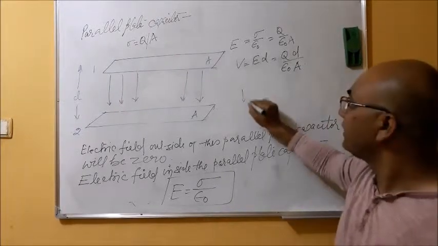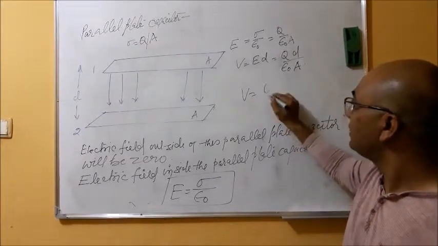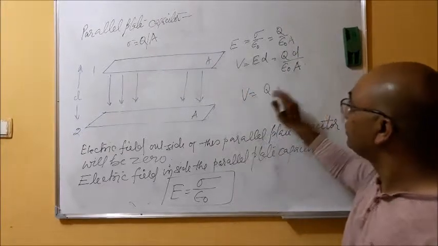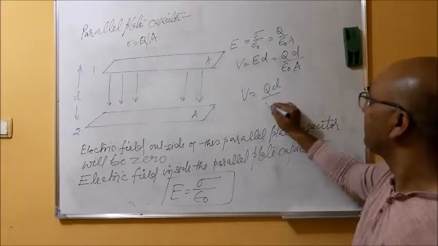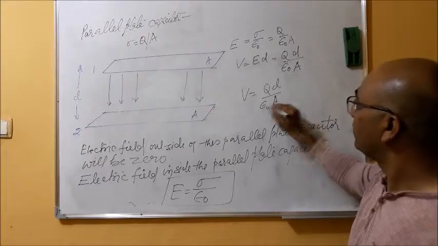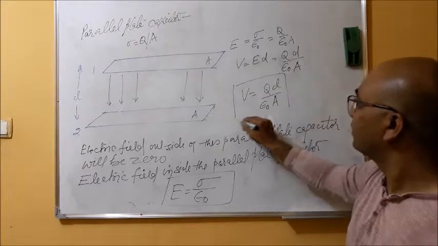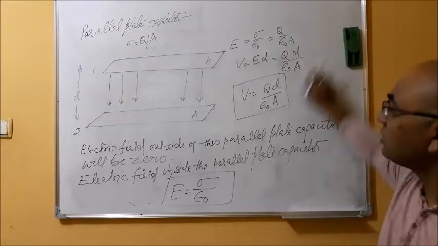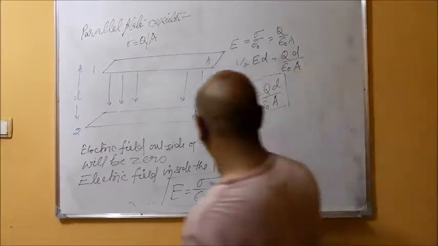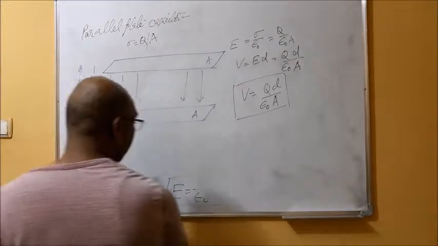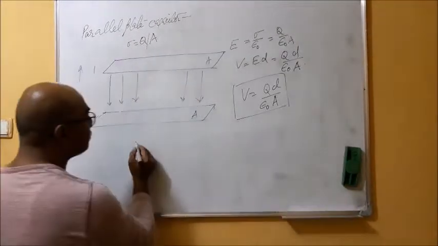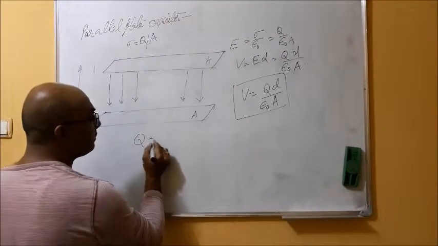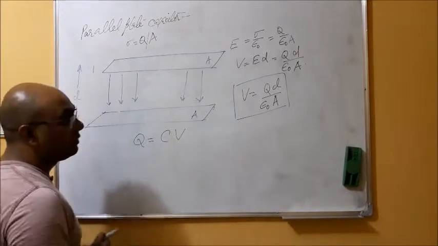Right? So for a parallel plate capacitor, the potential between the two plates is given by this formula. And from the definition of capacitor, you know that Q is given by CV, right?